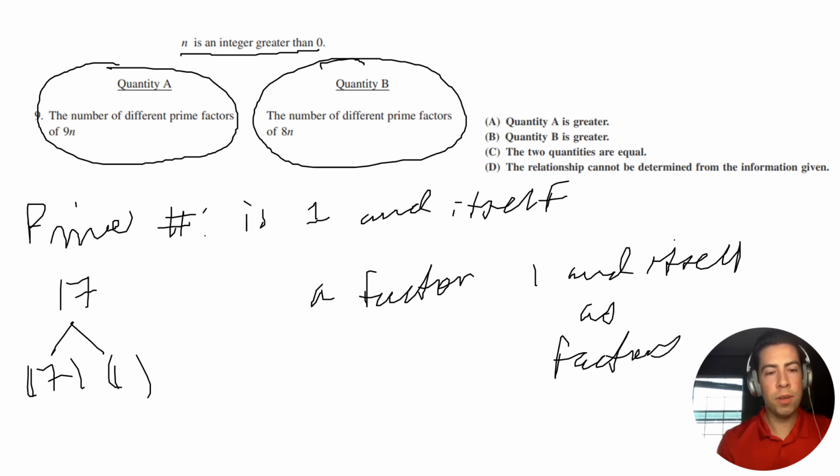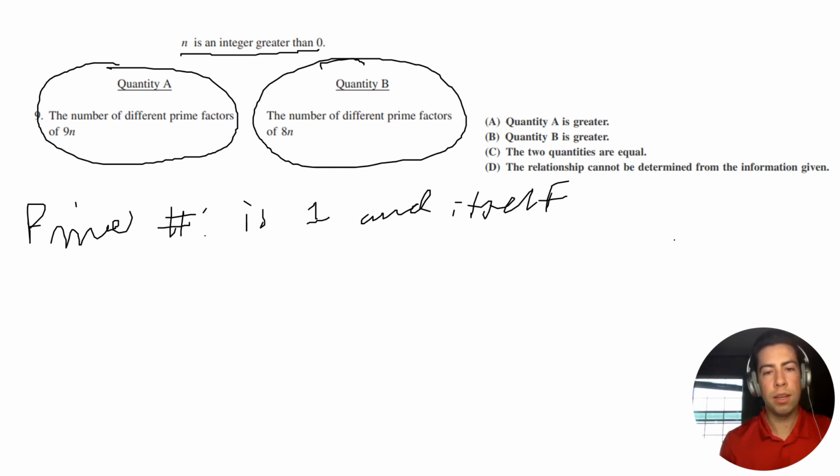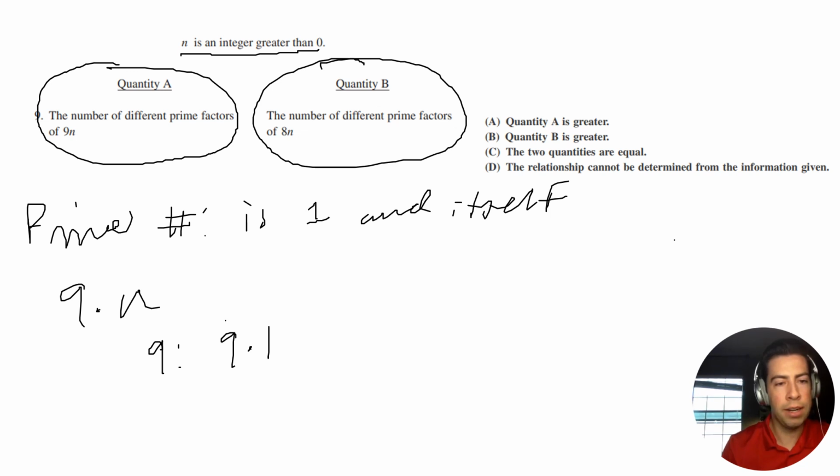All right, so what I'm going to do here is let me just walk you through step by step how we should reason through this problem, okay? All right, so let's start with 9n, okay? So we have 9 times n, all right? But first, let's just start with 9, okay? So what are the prime factors of 9, okay?